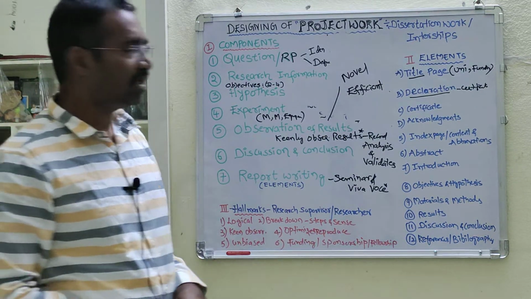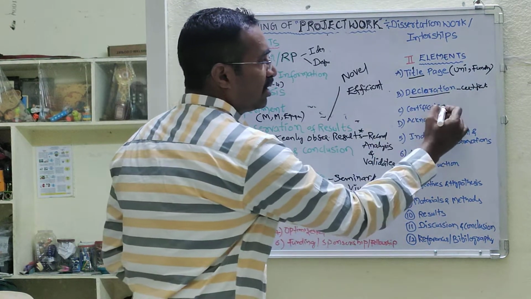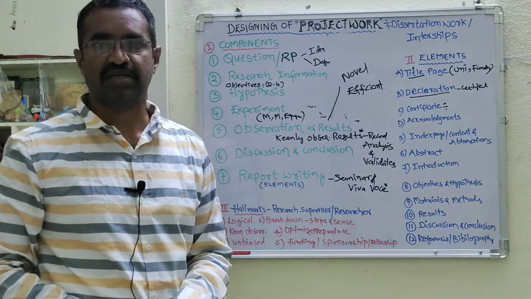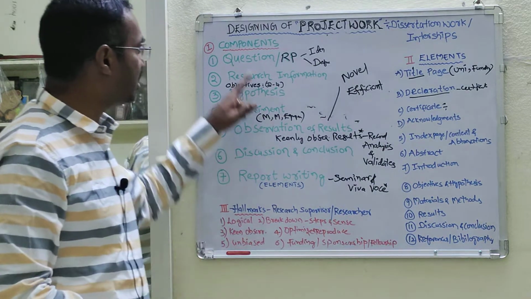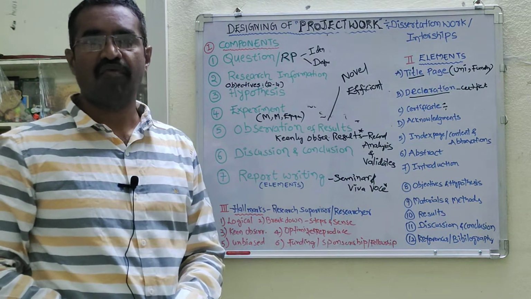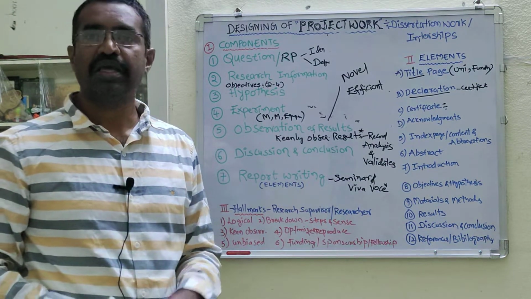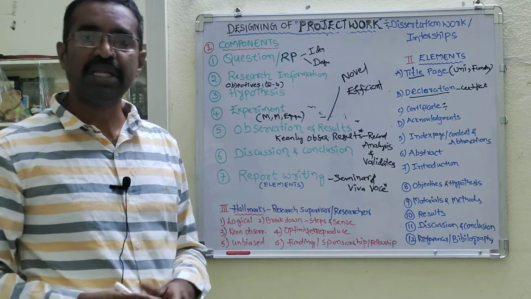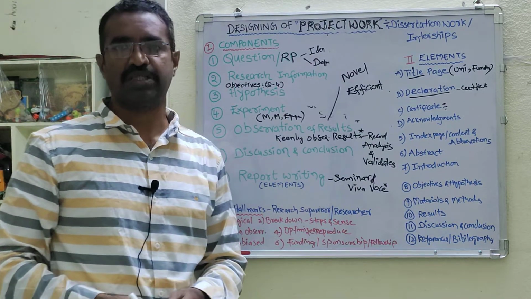Then followed by that, you should enclose a certificate from the supervisor. All these things you are going to do under the supervision of a researcher, assistant professor or associate professor who has a minimum of PhD or postdoctoral experience.